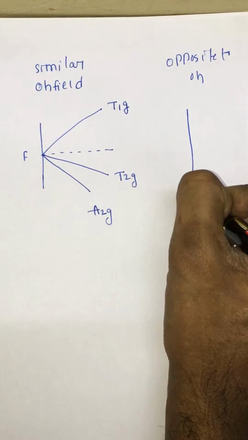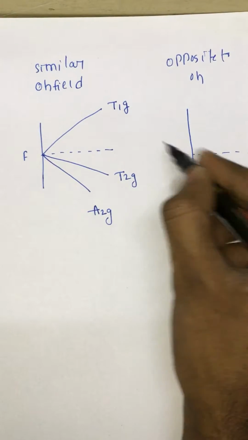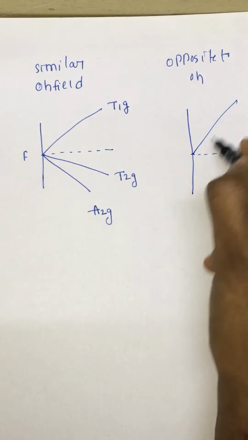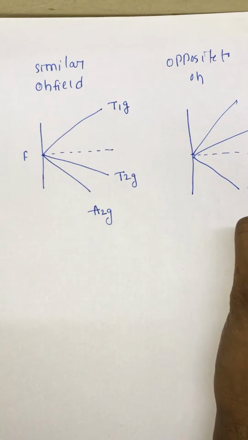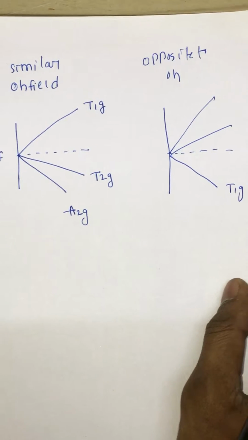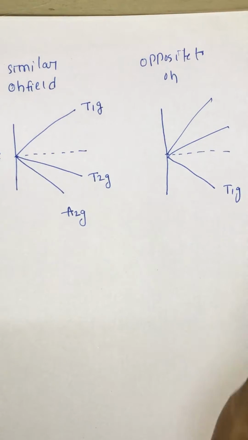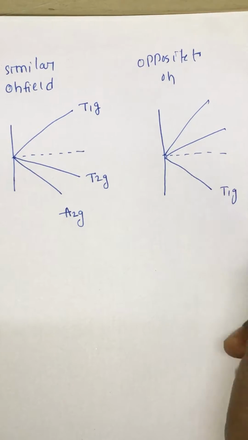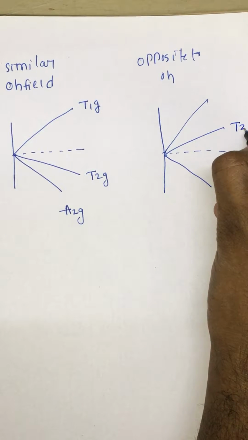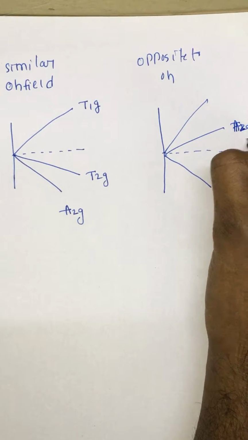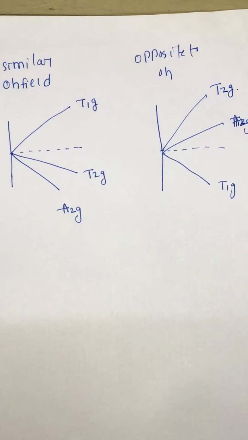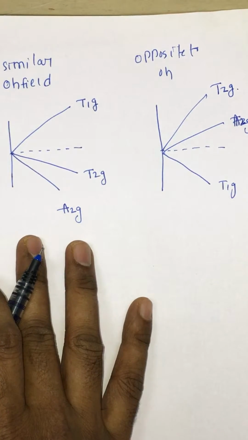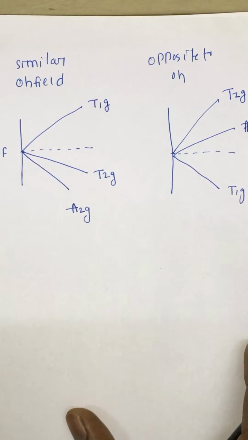Whereas in opposite to octahedral field, these two go up and T1g comes down: T1g, A2g and T2g. So this is similar to octahedral field and this is opposite to octahedral field.